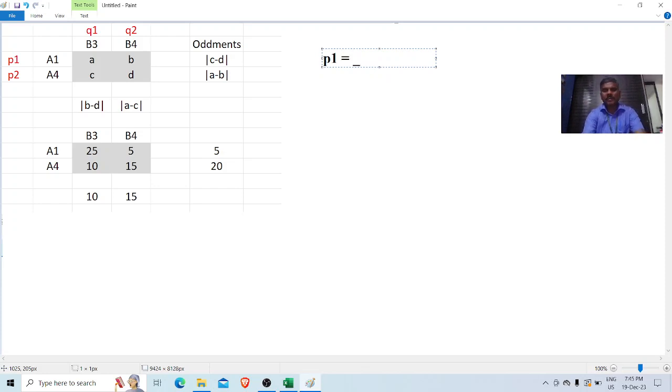first we will fix the denominator. The denominator is, look at this value, C minus D, A minus B. Modulus of A minus B plus modulus of C minus D is the denominator. And what is the numerator?